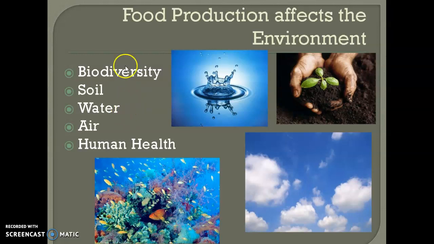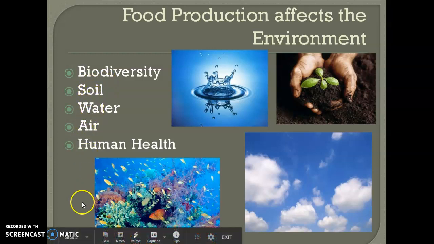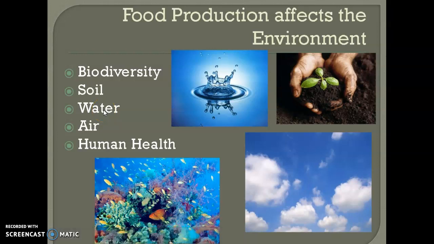So that's some of the stuff we're going to see in food production, how it affects soil, water, and air. We've talked about it with the water resources, that irrigation can actually create issues because it changes the runoff pattern.